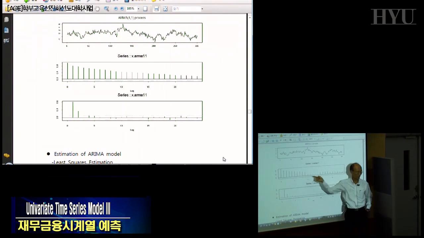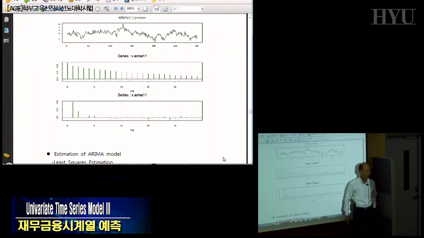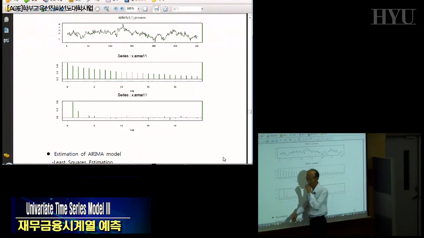Although slow, it shows some tapering off feature, and it shows cutoff feature. But this time, the 1 and 2 partial correlation appears to be significant. So what makes things a little complicated here is this one.